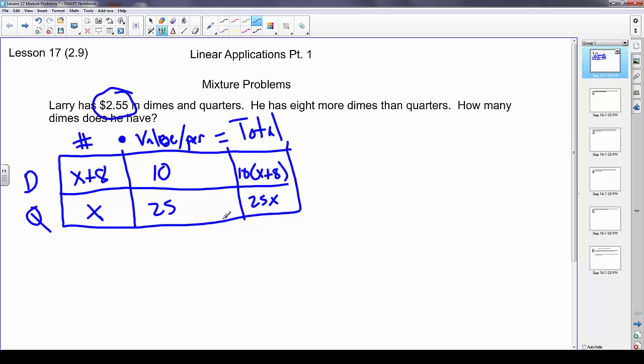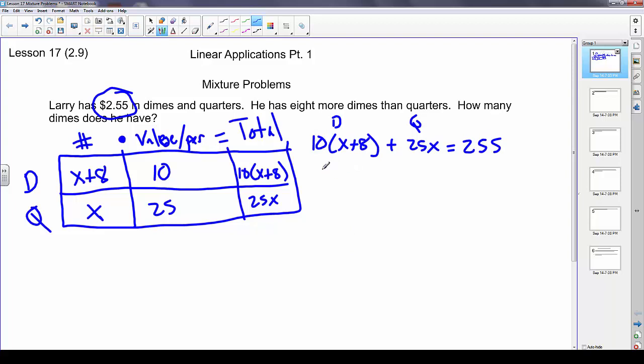Now, this is my total dollar value, and I have a total dollar value here of 255. So from this chart, I write my equation. I say 10 times x plus 8, those are my dimes, plus my quarter value, 25x, is equal to my total dollar value of 255 pennies.